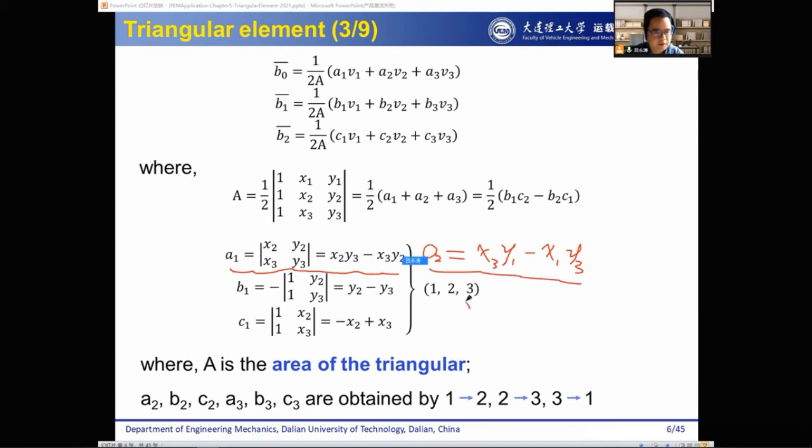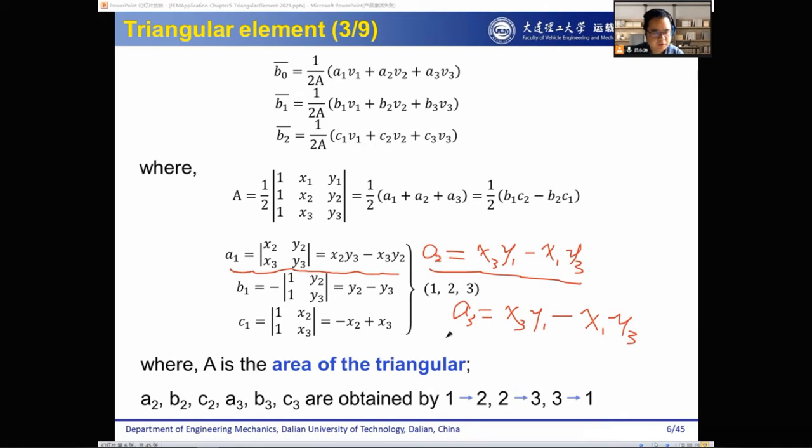Similarly A3 will be equal to, so we replace 1 with 3, right? And then here we replace the 2 with 3, and for the y we replace 3 with 1, and minus we replace 3 with 1, x1, and for y we replace 2 with 3.